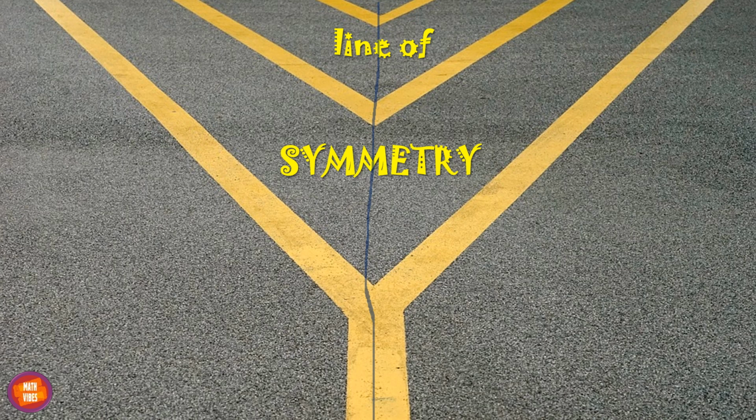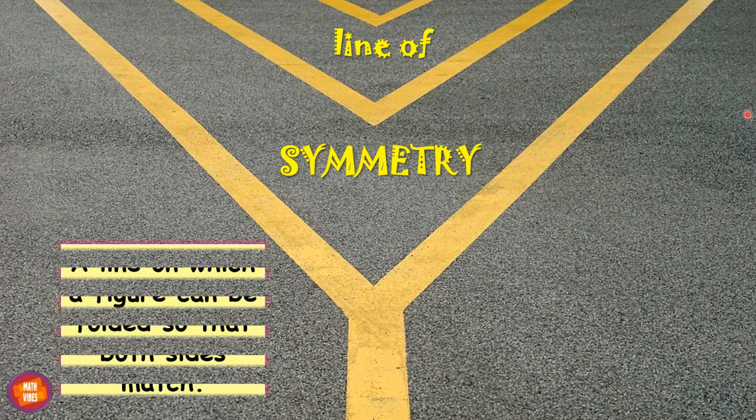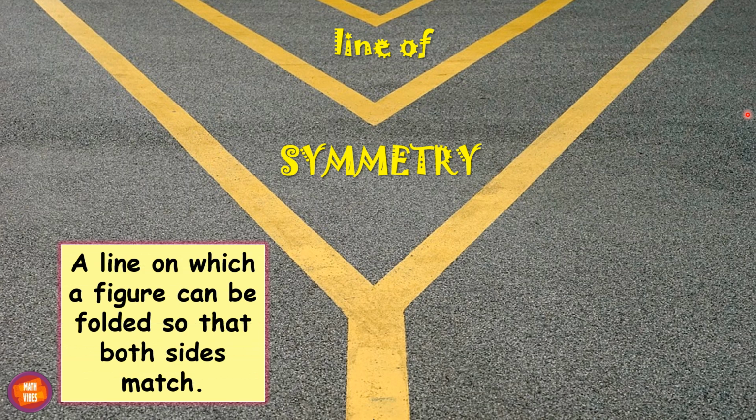Alright, so if I divide it like this, then the two figures will match with each other, right? So this is called line of symmetry, where two figures match with each other. Basically it is a line on which a figure can be folded so that both the sides match.